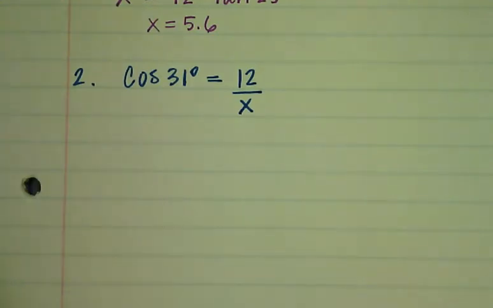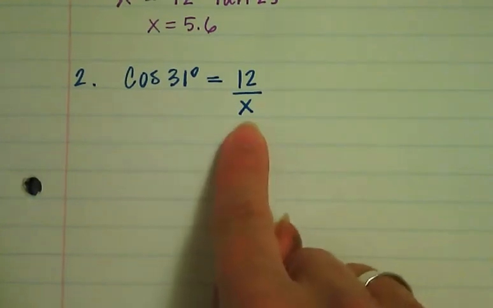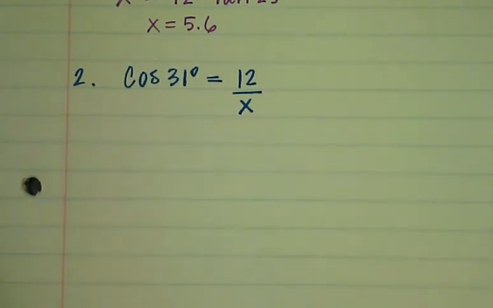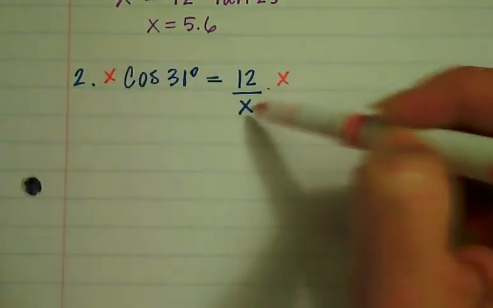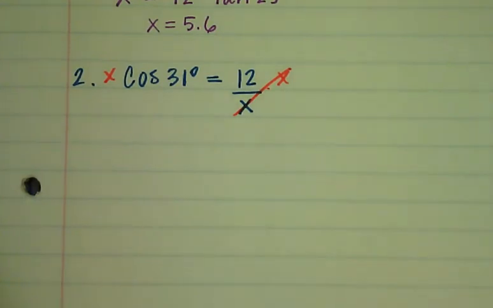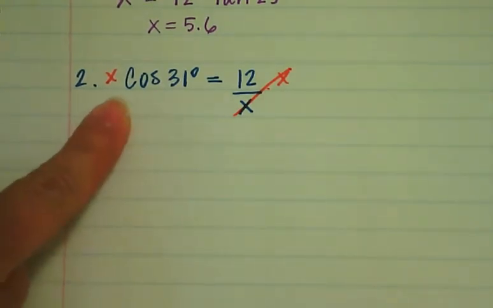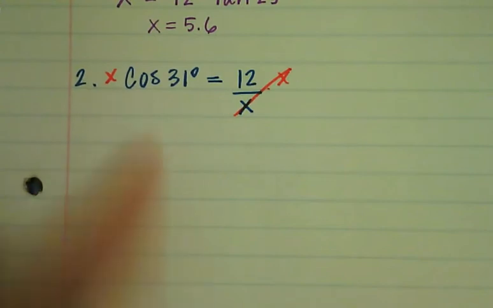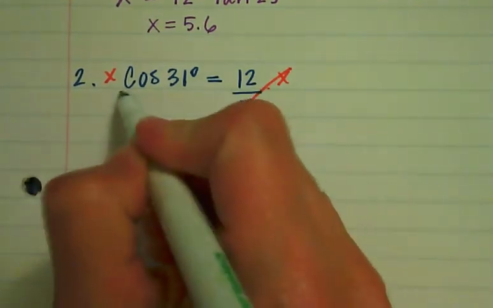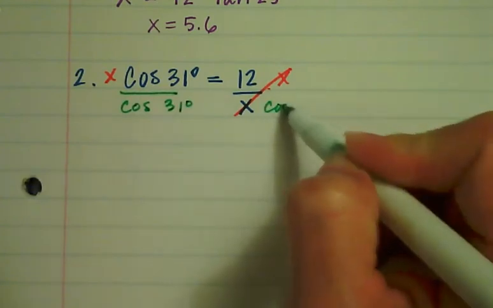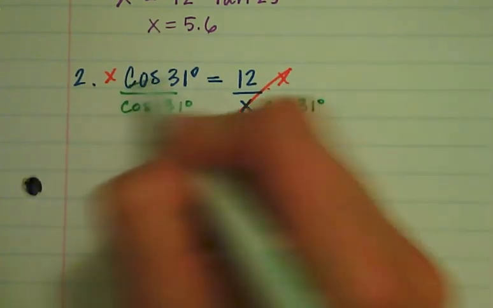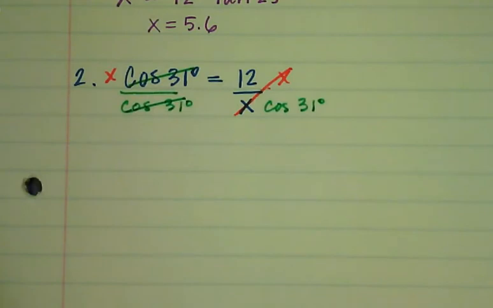You can just trust me on this, but if we want to solve for x, x is in the denominator. So what's really going to end up happening is we multiply both sides by x. So that cancels out. But then over here, now we need to get rid of the cosine of 31 degrees. So we have to divide by the cosine of 31 and divide by the cosine of 31 to get rid of that.